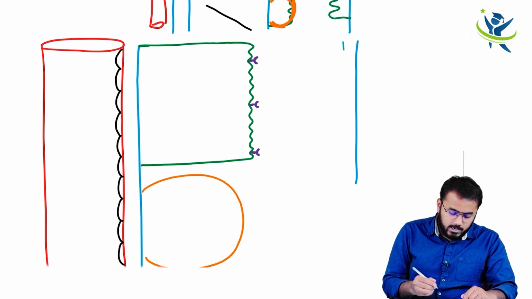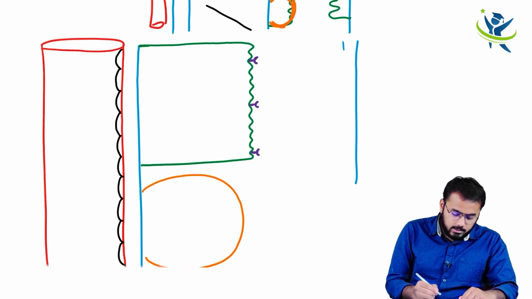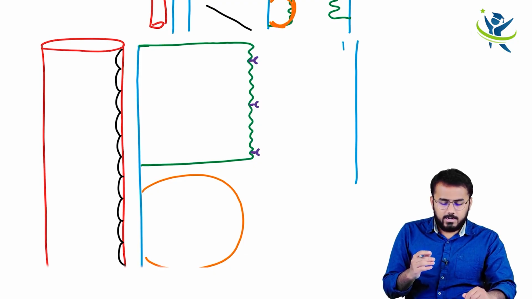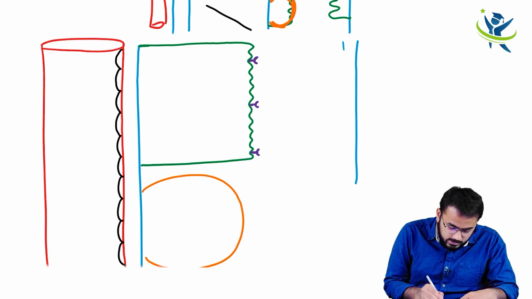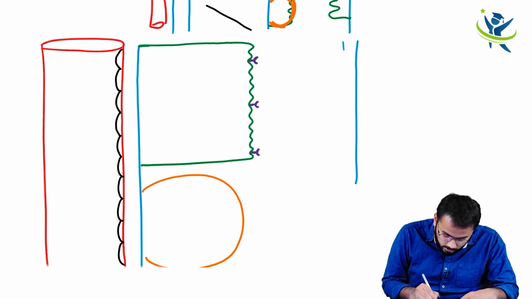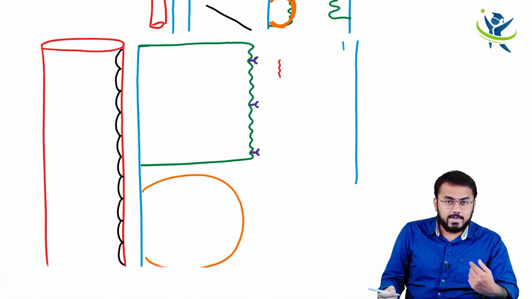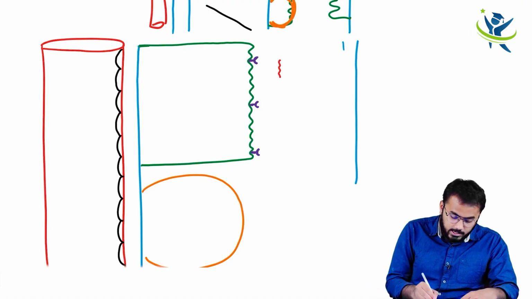Now we have got our virus here. Let me draw the virus a little bit short so that you understand everything. So there is an RNA like this. This is called a negative sense single stranded RNA.